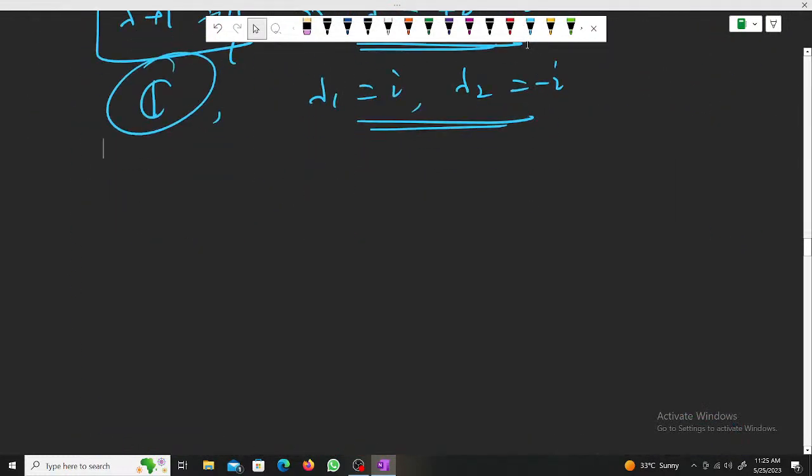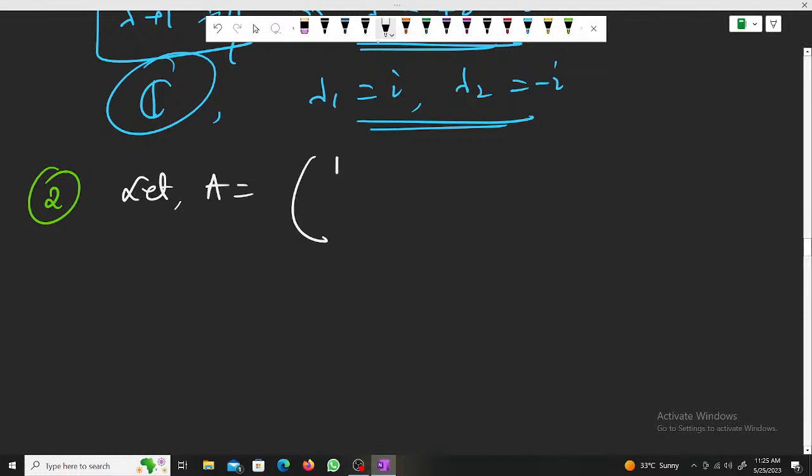Okay, so next আমি প্রবলেম দেখব, problem 2. Suppose let A be the matrix of the form 1 minus 1 0, 1 2 minus 1, 3 2 minus 2.